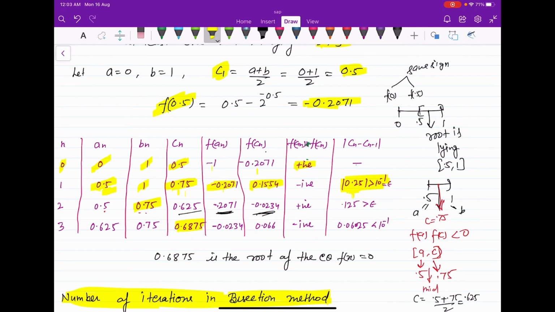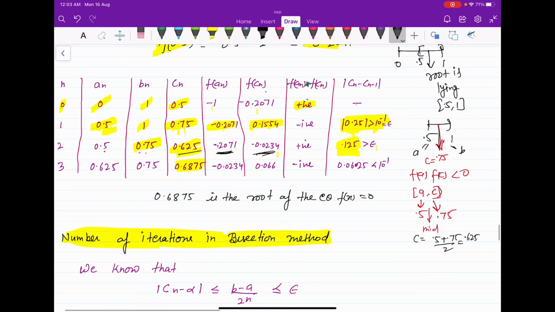That's why we will go to the next step. Here we computed 0.625. So the difference of 0.625 and 0.75 is 0.125. It is again greater than 10 raised to the minus 1, so we have to continue for the next step.